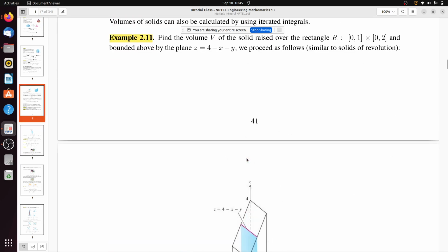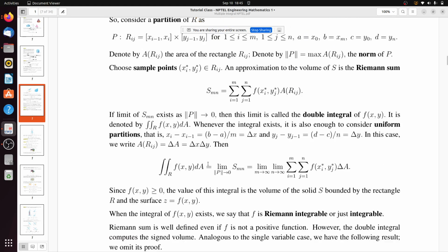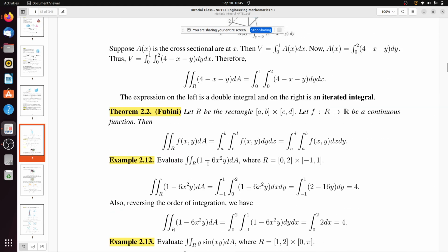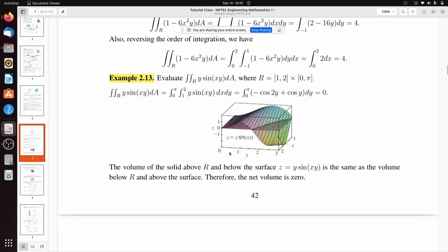So if a function is continuous, then you can use the iterated integral. You can swap the order of integration. See, y sin xy.